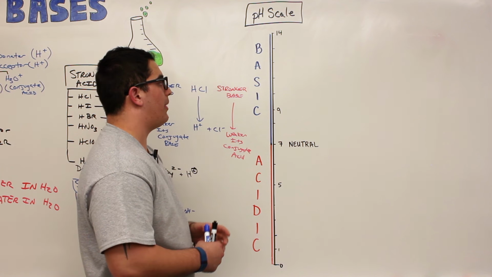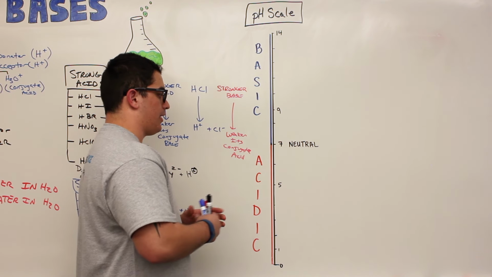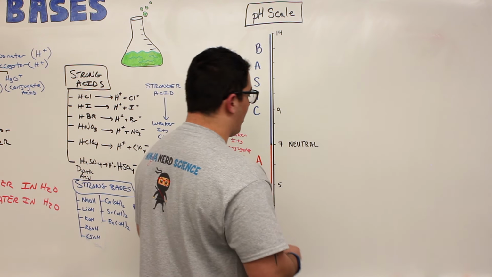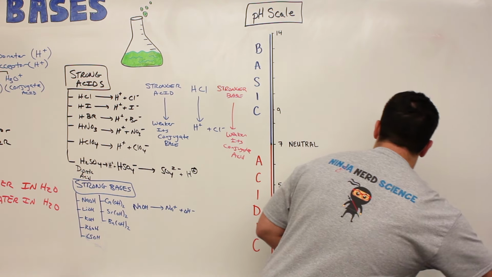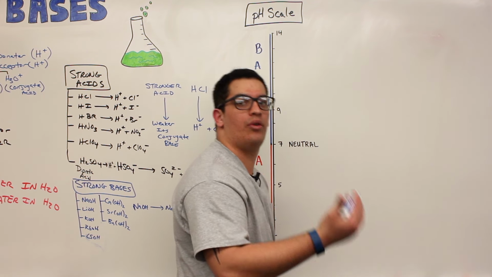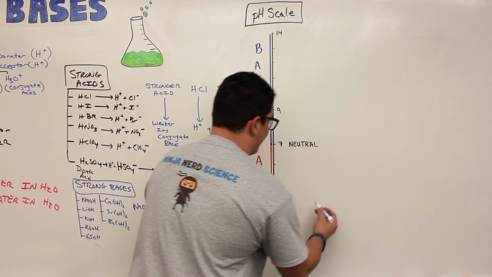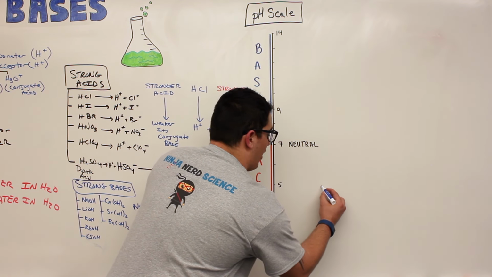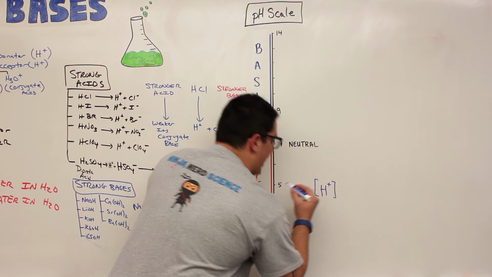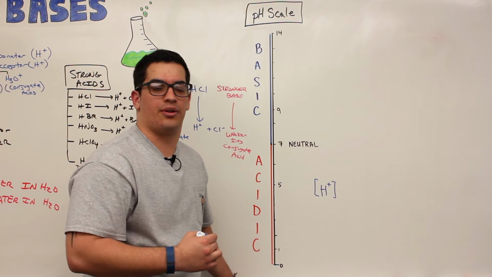Now again, what do I mean by acidic and what do I mean by basic? So when we talk about acidic, we're talking specifically about how many protons we have or how many hydronium ions we have. So again, when we talk about acidic environments, we're talking about the concentration of H+. And we put these brackets in there to signify concentration.